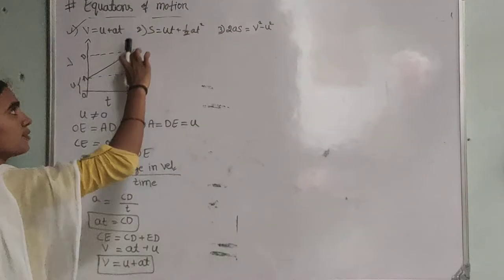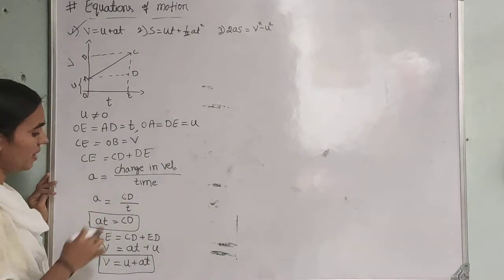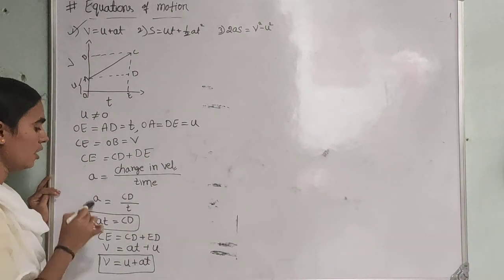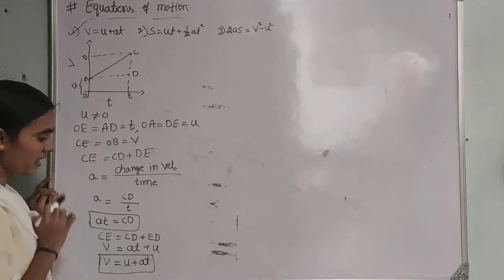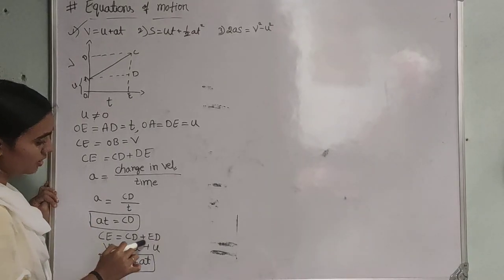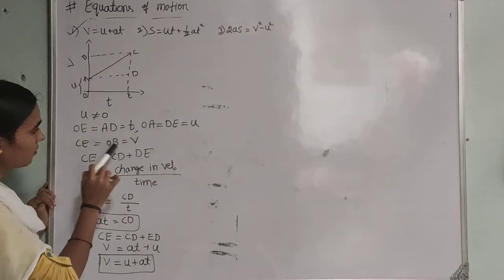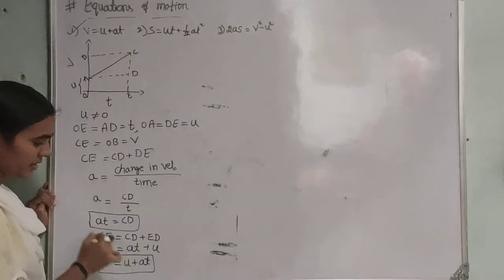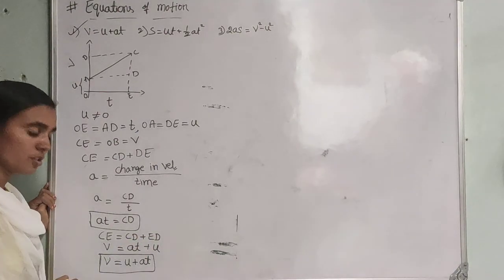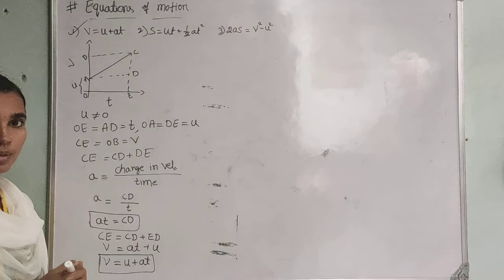From the graph, CD represents the change in velocity, so by cross multiplication we get the value of CD as at. From CE is equal to CD plus ED, CE is V, CD is at and ED is U. So by rearranging the terms we get v is equal to u plus at.